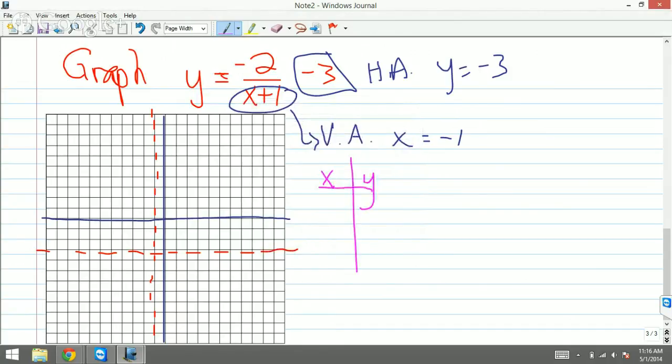Now we need to orient it. What are my x values that I want to choose? Negative 2 is a good one. I'd prefer 0. Not that it matters, but 1 would work as well. Negative 3 as well. So if I plug 0 in, I get negative 5.